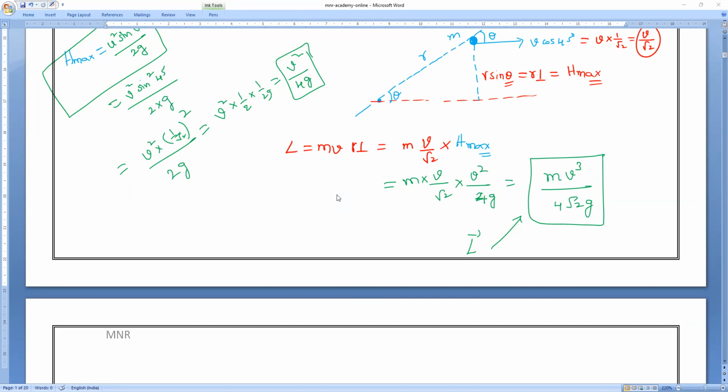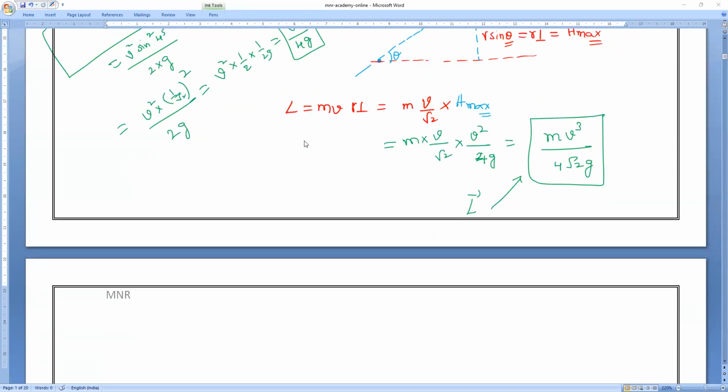Next concept, right? So the next concept is also one of the most important concepts. Many years they have asked questions related to this in JEE.